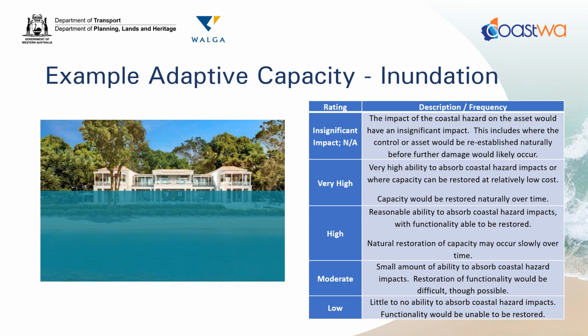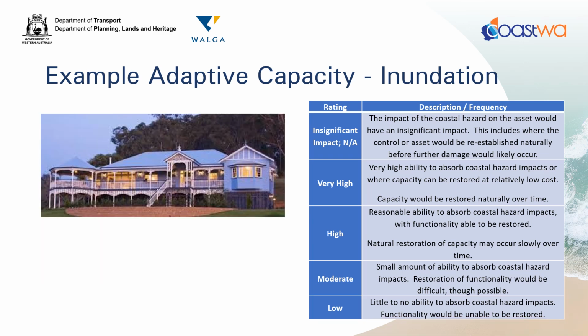If we look at inundation and our example where we had a high level of inundation, obviously the adaptive capacity to that is very low. So there's little ability to absorb these impacts, and the functionality would probably be unable to be restored because it's likely there'd be some significant building structural issues. But what if we had a different kind of house?